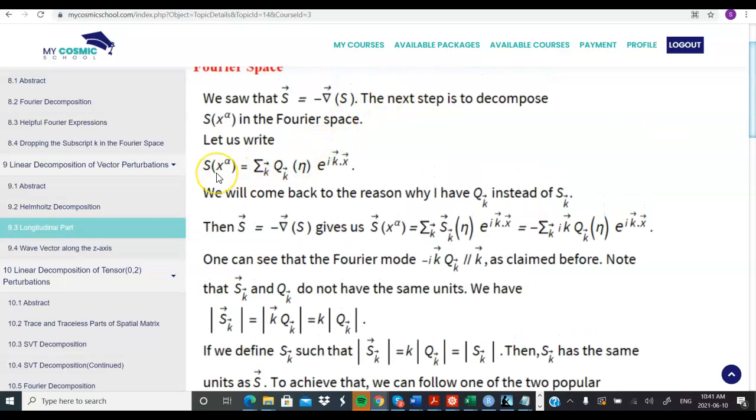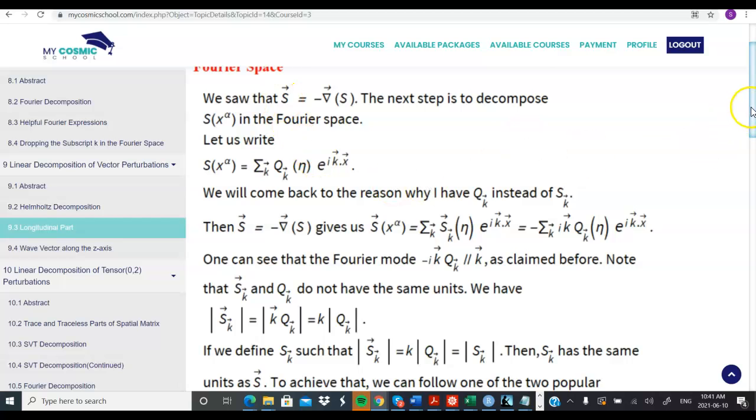Our goal here is to write this in terms of the Fourier component whose dimensions are not the same as S but are the same as vector S. That's why we are going through all this jugglery here, because we want to derive sk, we want to come up with sk whose dimensions are the same as vector s, and that sk is a scalar. So we are trying to come up with a scalar sk whose dimensions are the same as this.